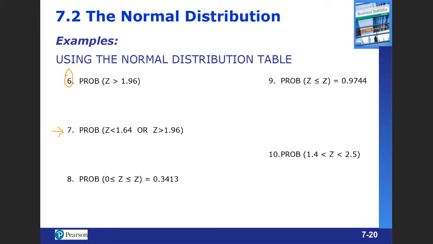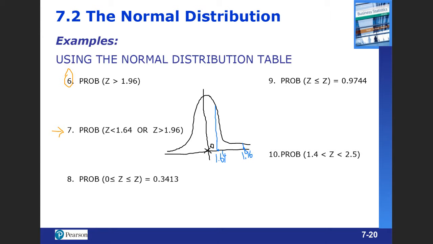So again, even though the question is slightly different, we're going to draw the graph first. Here I draw my bell-shaped curve, which is symmetric. My center is 0. The first thing I'm going to mark is 1.64, and this is, exaggerating it a bit, 1.96.